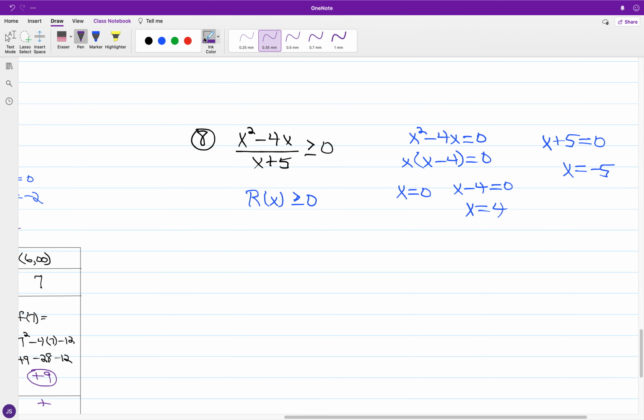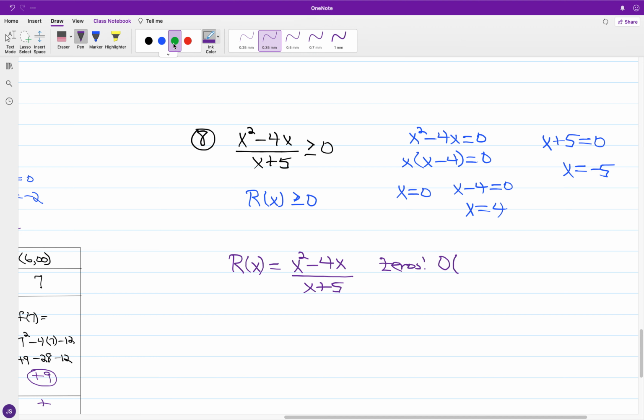So in the setup, we have for r of x again, x squared minus 4x all over x plus 5. And with the zeros, you have 0 and 4. Those stem from the numerator.